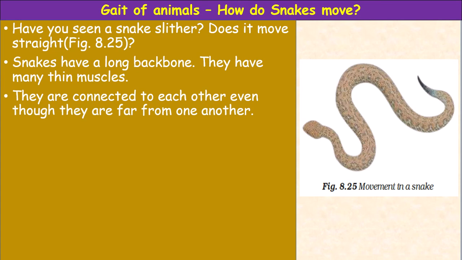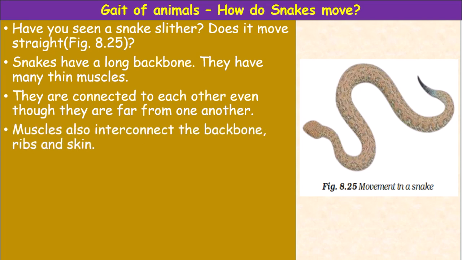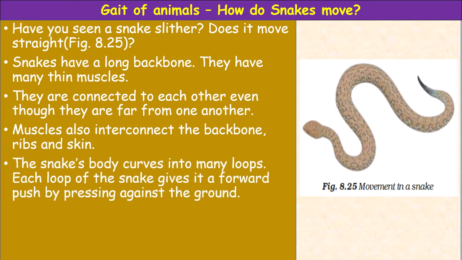The muscles also interconnect the backbone, ribs and skin, okay. And the snake's body curves into many loops. Each loop of the snake gives it a forward push by pressing against the ground, okay.